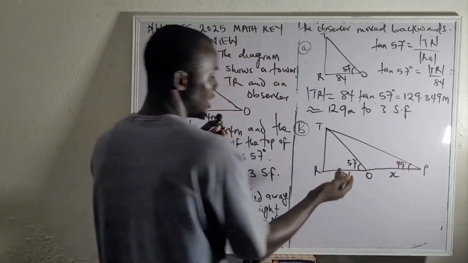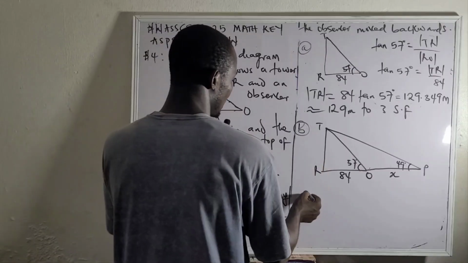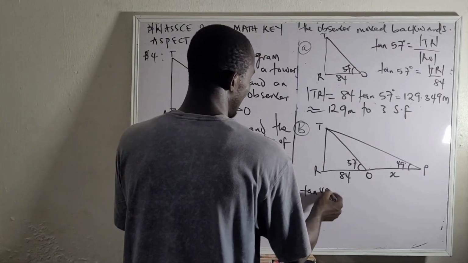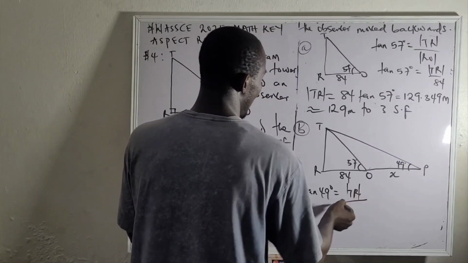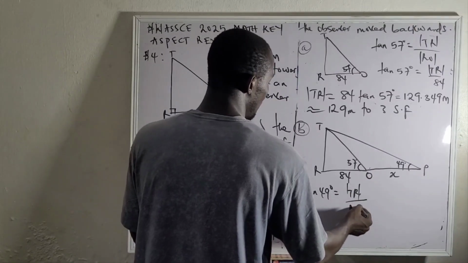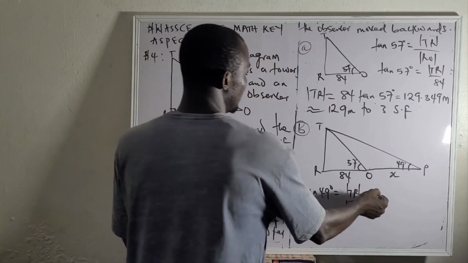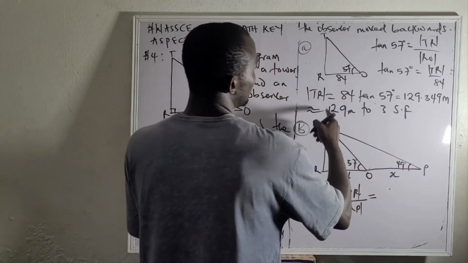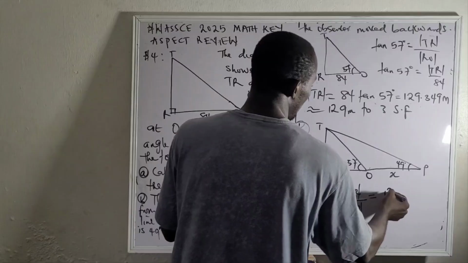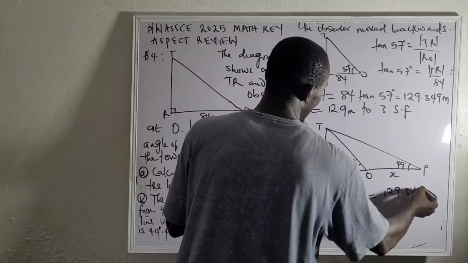Using the same principle, tan 49 degrees equals opposite TR over adjacent RP. We've gotten TR to be 129.349.